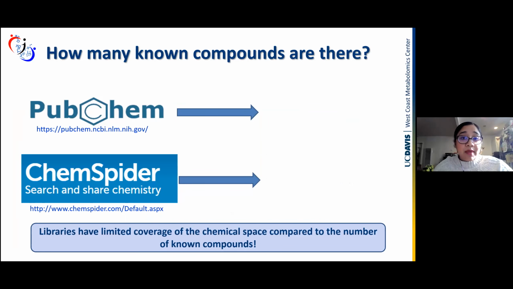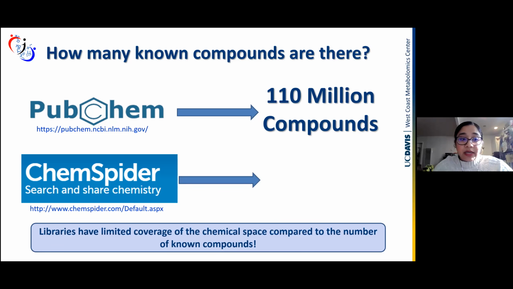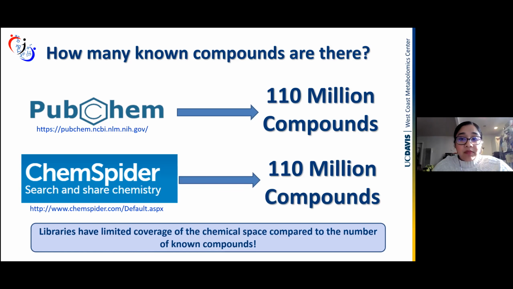Even though there are many libraries out there now, we're still limited because the number of known compounds is so much larger. In PubChem alone, there are 110 million compounds, and ChemSpider actually just recently caught up to PubChem, and they both have 110 million compounds.